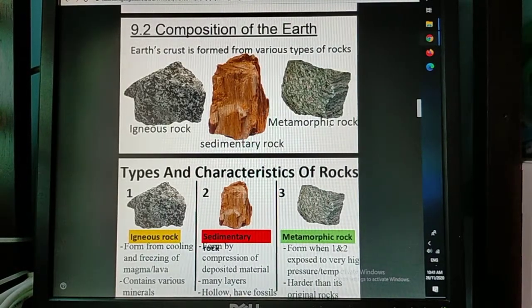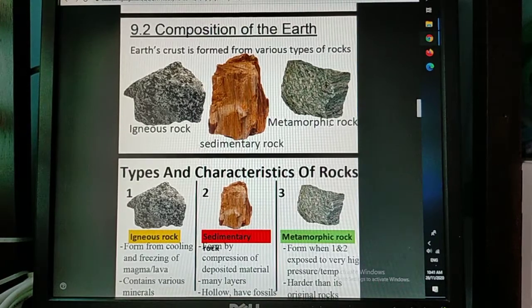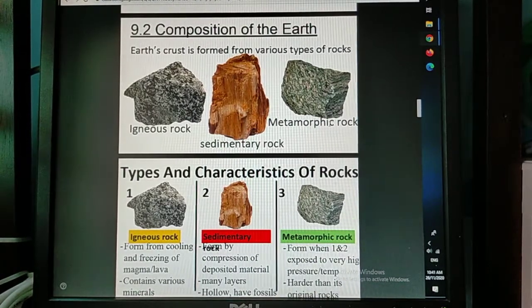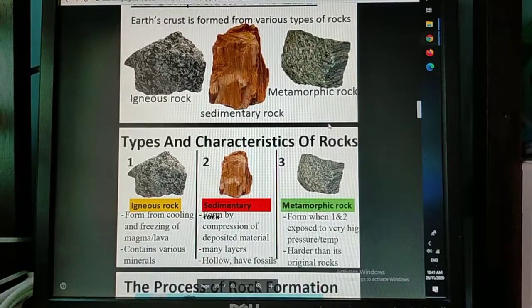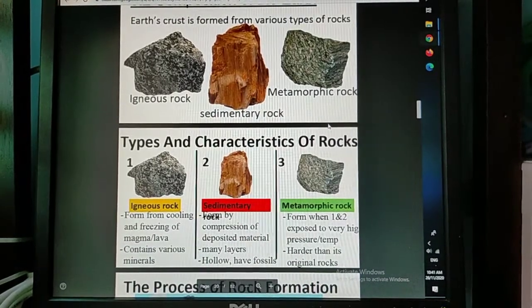Number 1, igneous rock. Number 2, sedimentary rock. And number 3, metamorphic rock. Igneous rock is formed from the cooling and freezing of magma or lava.